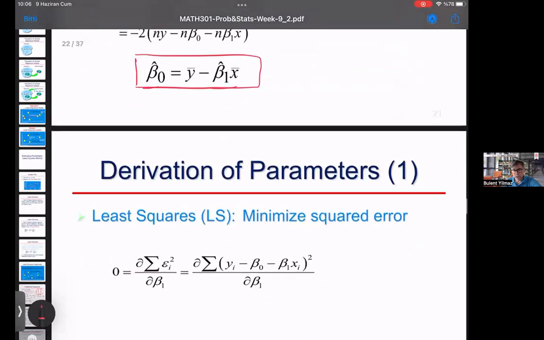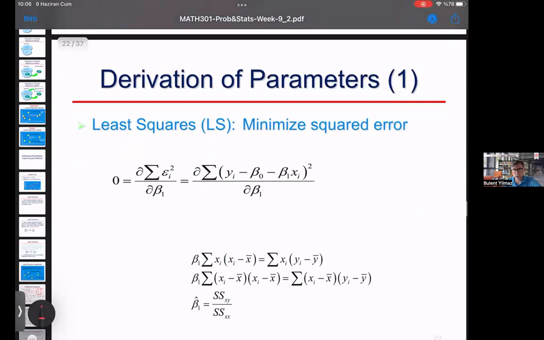And then if we go to the second part, how do I find beta 1? Which beta 1 will make this error minimum? This is how we find it out. Okay, and we find covariance divided by variance. What is covariance? How does my data change with respect to each other?